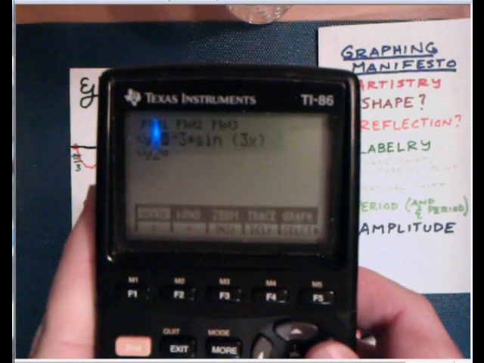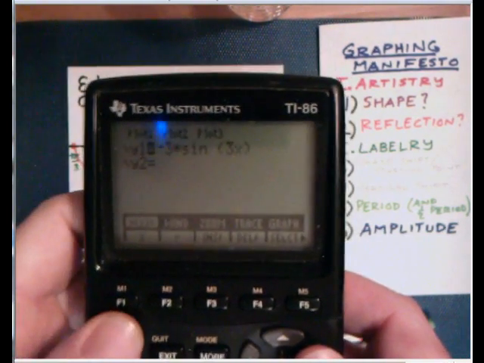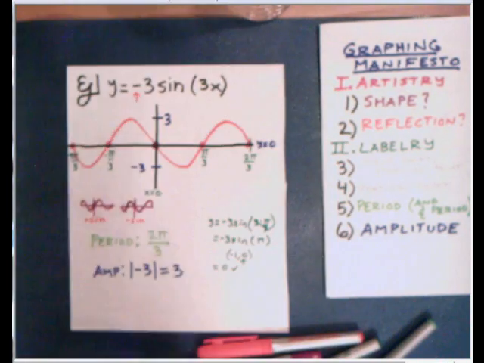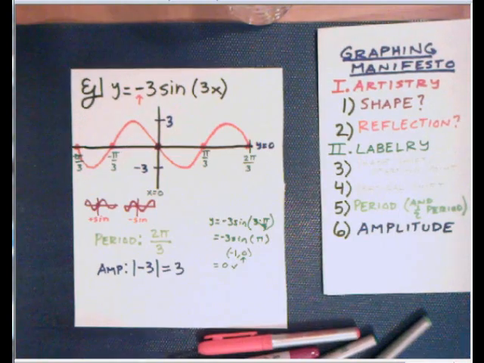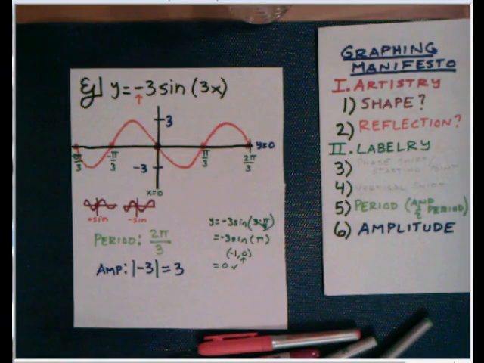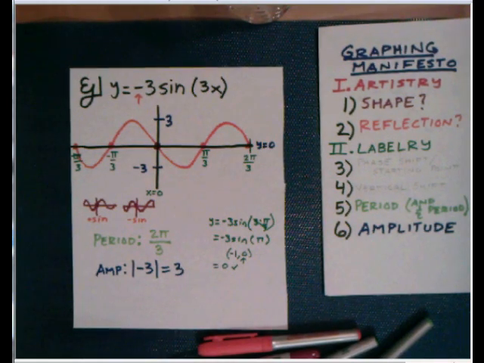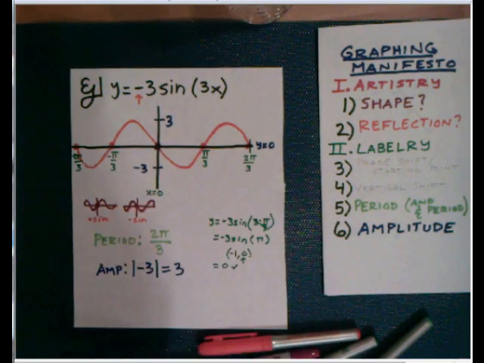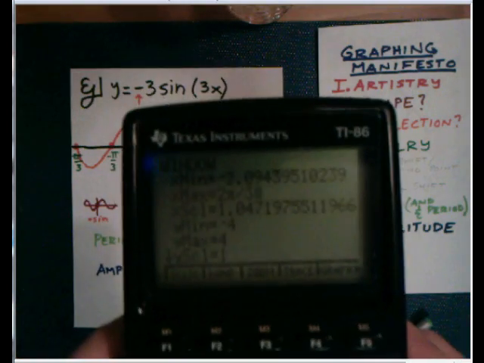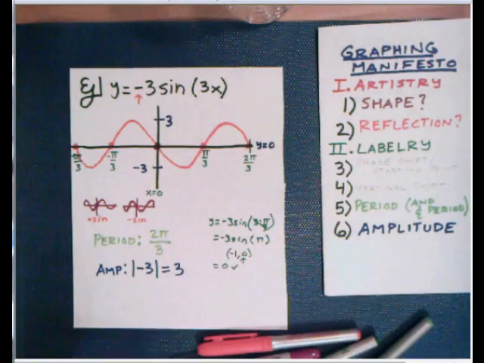Hoping the little camera autofocuses. Okay, now I want to make sure my window looks exactly the same. So if we look at our picture here, when I go to look at my window, I'm going to go from negative 2 pi over 3 to 2 pi over 3, because those are the boundaries we put it at, 1 period each way. So notice the top one's a decimal approximation of it, the second one's there.